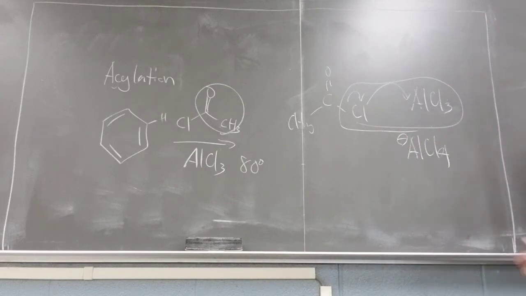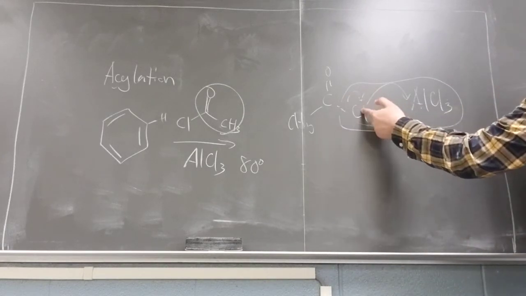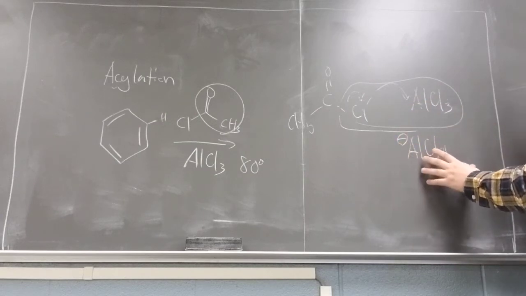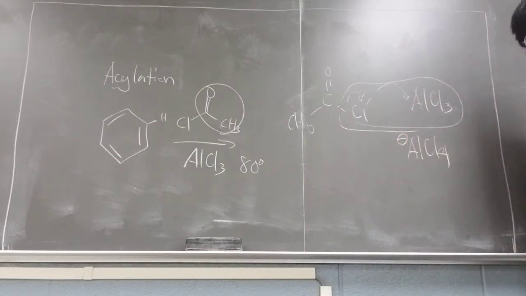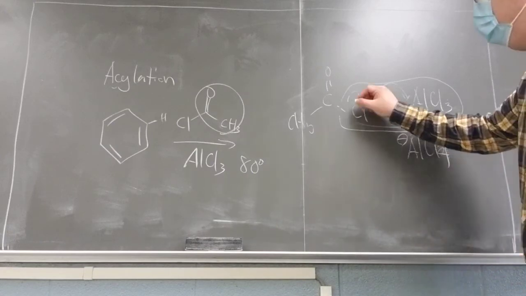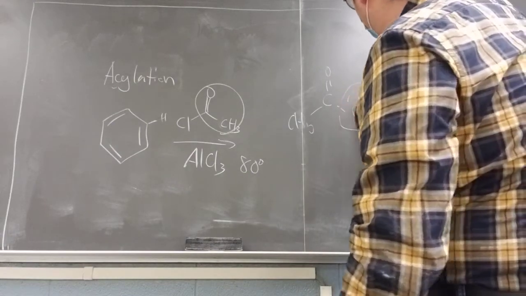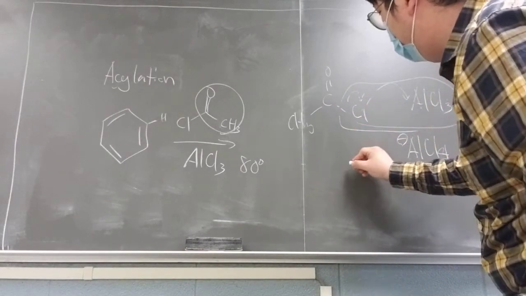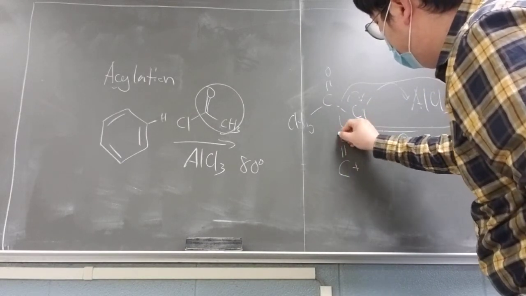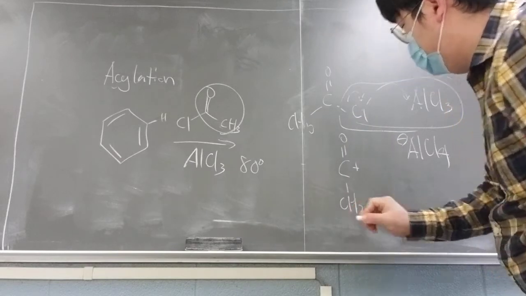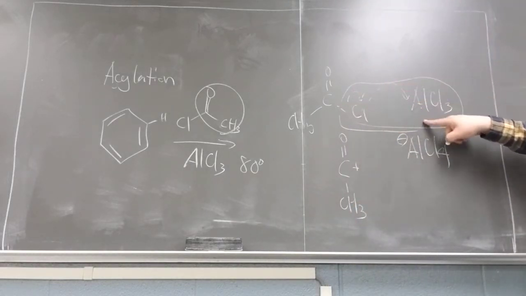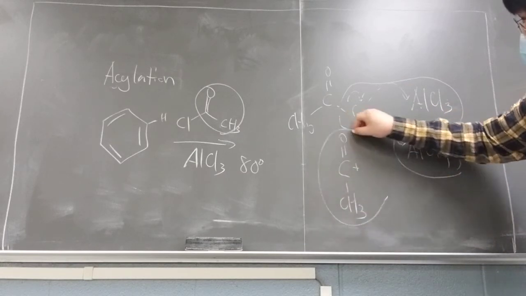You see this one goes over here, and this one goes to this compound here, becoming aluminum tetrachloride, negatively charged. So when they break apart, this part all together, you're going to have this one. See, this is all gone to here, and that goes to there. So these two are what we have now.